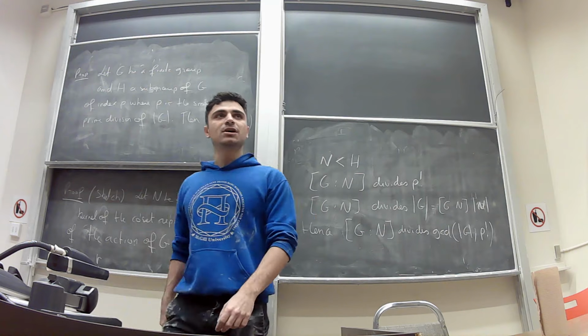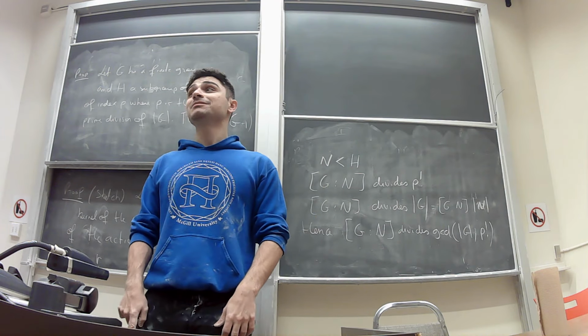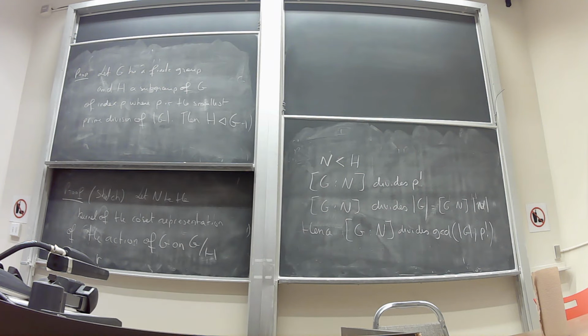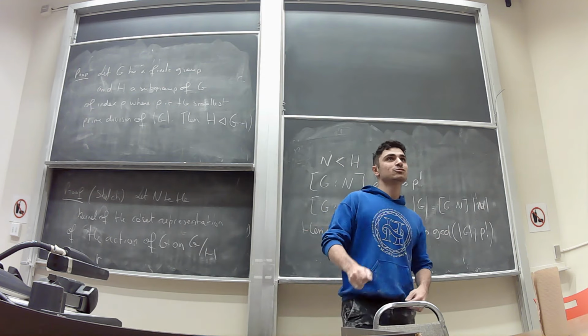Now, what is the GCD of the order of G and P factorial, if P is the smallest prime divisor? Yep, it's P. You guys see that? If P is the smallest prime divisor of G, then the GCD of the order of G and P factorial is P. Try to write it down.